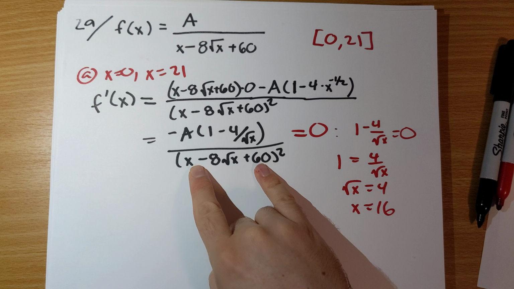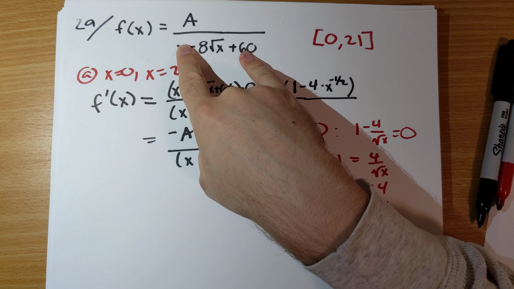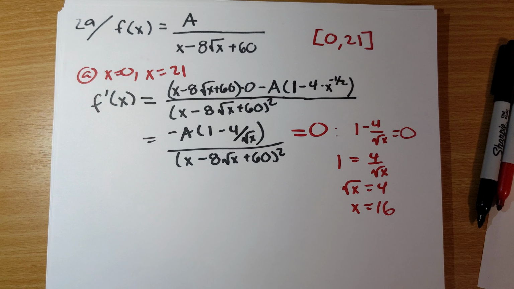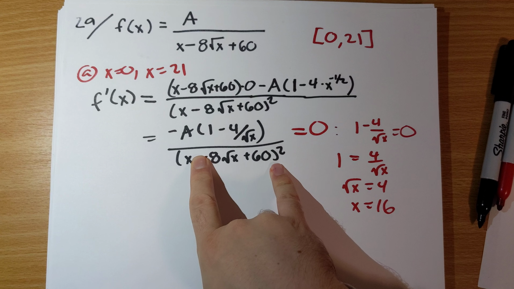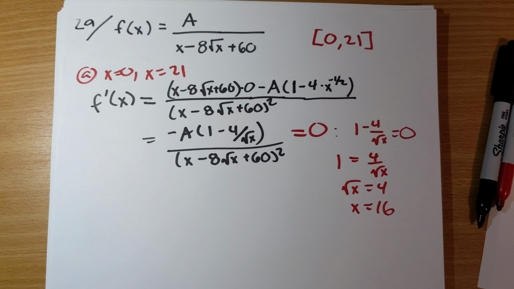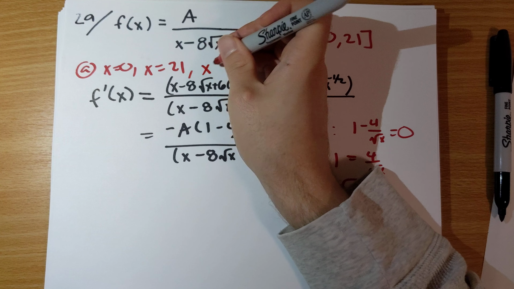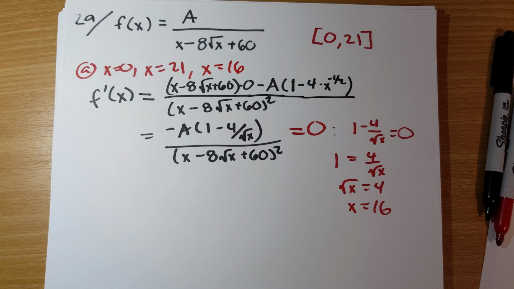If this is ever 0, that will also make the denominator of f of x equal to 0, so f will be undefined. So the domain of f prime of x is exactly the same as the domain of f of x, and we don't have to worry about that. So our list of points: x equal to 0, x equal to 21, x equal to 16. Those are the only points we have to check here.